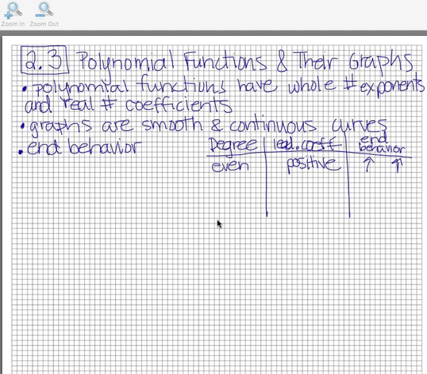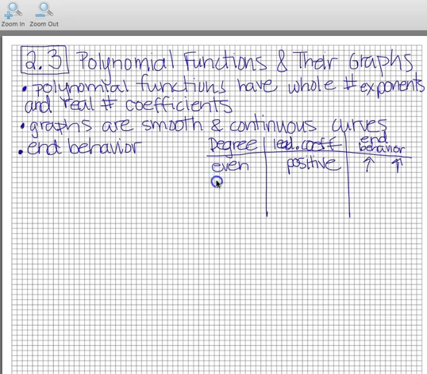So both ends are going up. What happens in the middle changes a lot based on the individual equation, but if the degree is even and the leading coefficient is positive, the very far ends look like this.